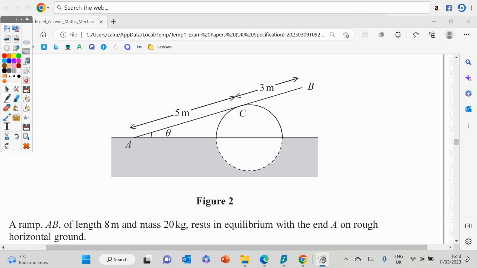So, we need to consider all these forces. Now, the reaction force is acting this way in this case. So that's R. But my plan is to get the components of that and to use Pythagoras to get the value of R. So I've got the weight of the thing, which is 20g. My normal reaction I now know is perpendicular, and I can then break that apart because it's at the same angle of theta.